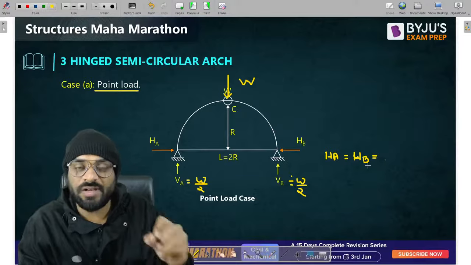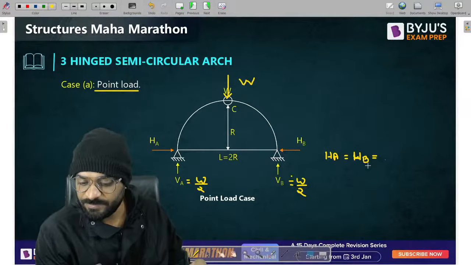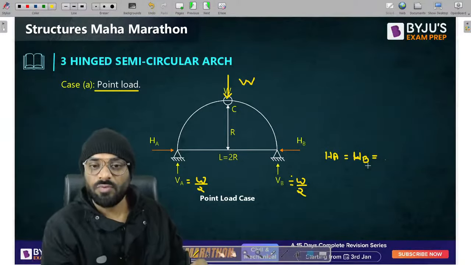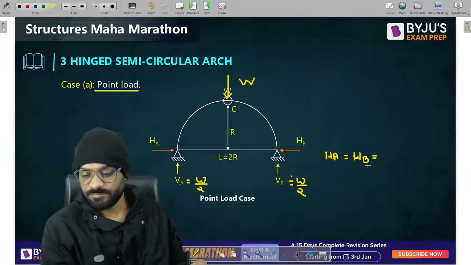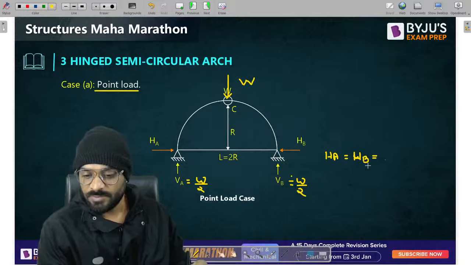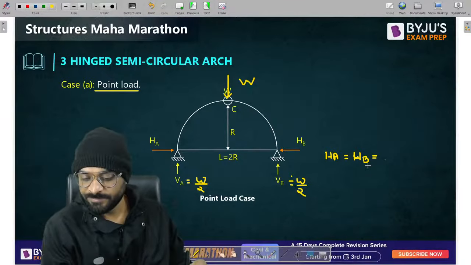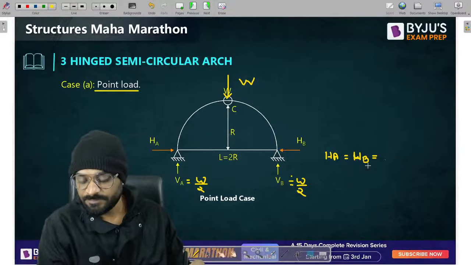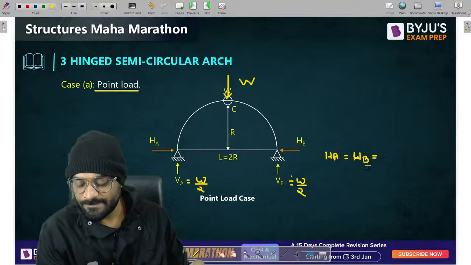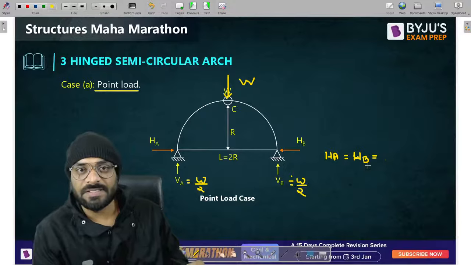So what is the value of HA and HB in this case? Please write down. Guys, it is a semicircular arch.